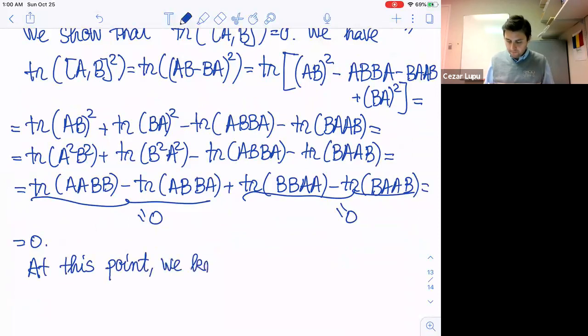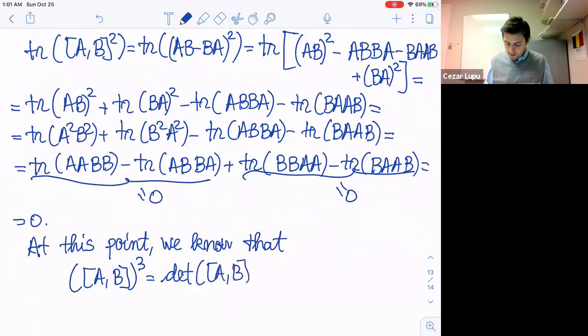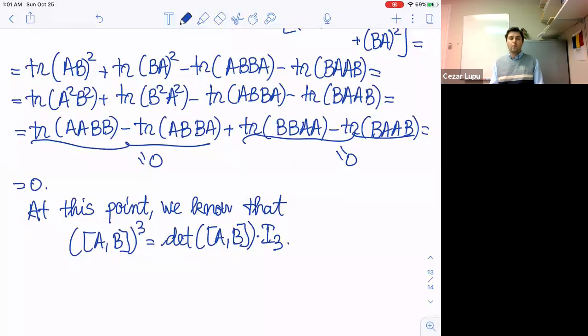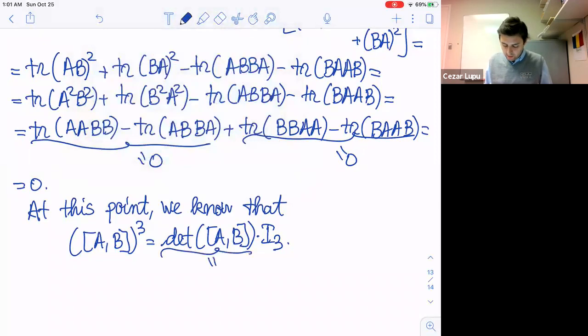So now at this point, we know that bracket AB cubed is nothing else than just the determinant of bracket AB times the identity. So we know this at this point. Now, if we, by some miracle, prove that this guy is 0, then we're done. But remember, we did this problem.